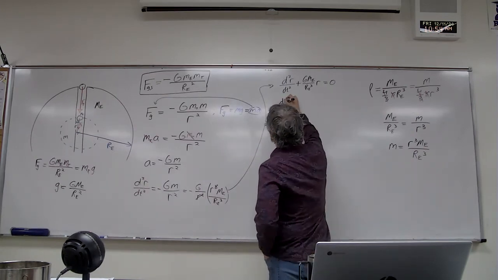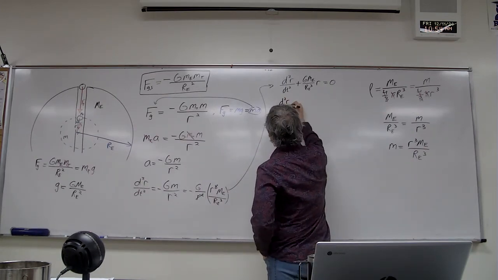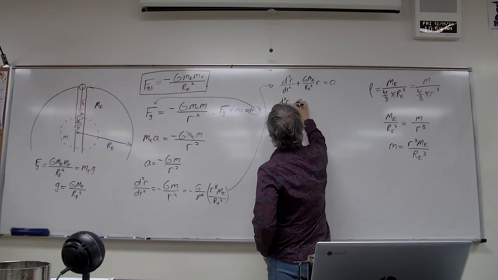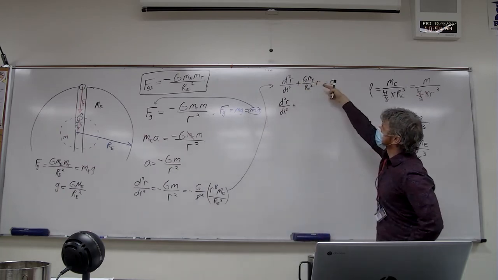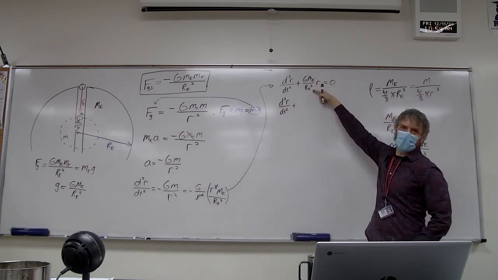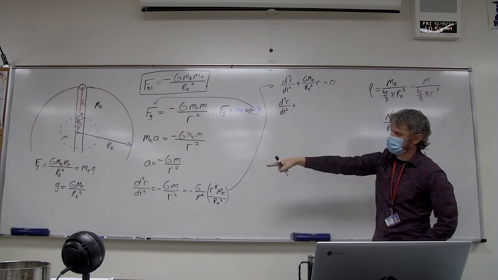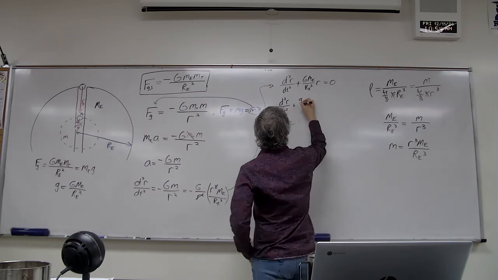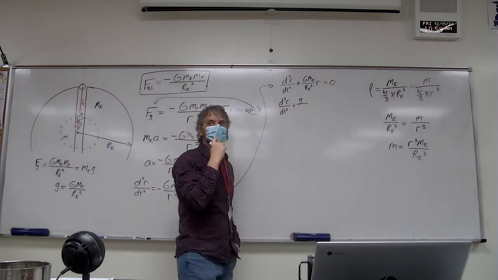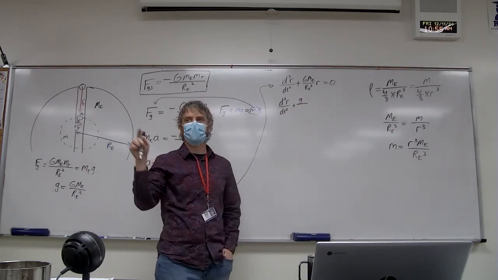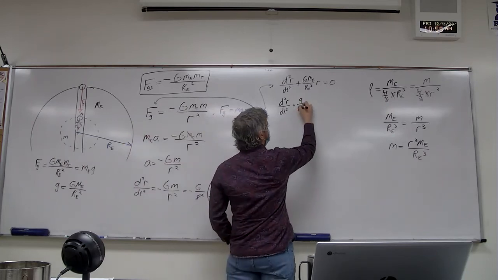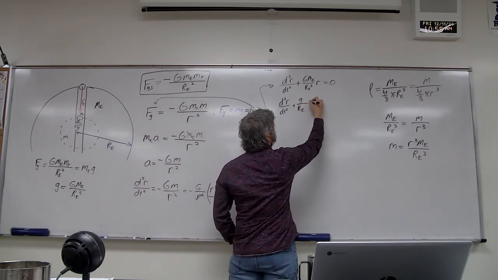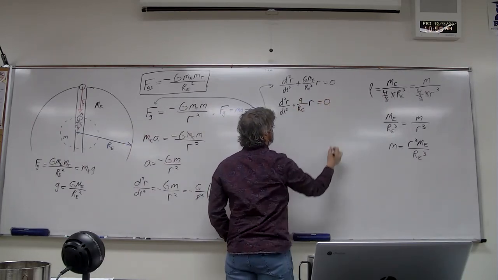So I have the second derivative of position with respect to time, plus, can't I take G M_E over R_E squared and replace it with little g, and then just do g over R_E? Yeah. So little g, the acceleration due to gravity at the Earth's surface, divided by the radius of the Earth, times the position, equals 0.